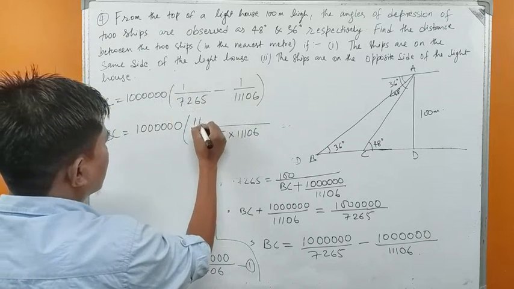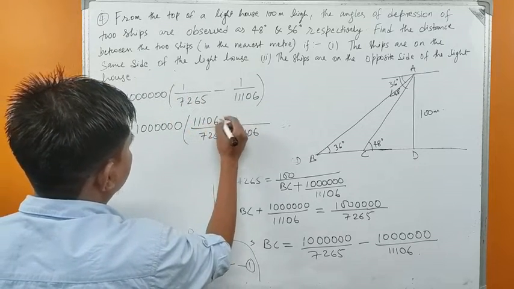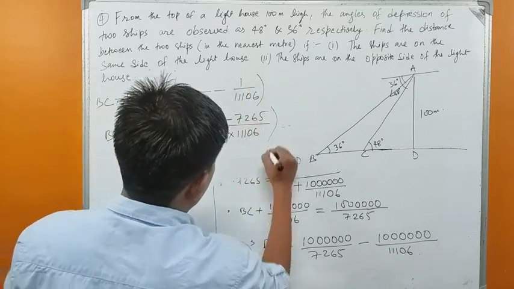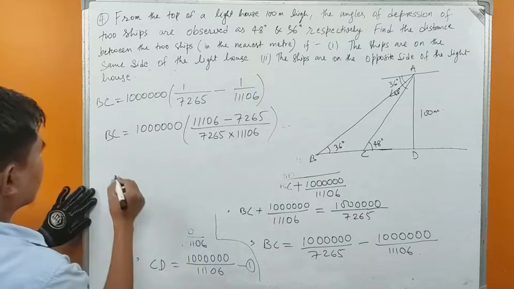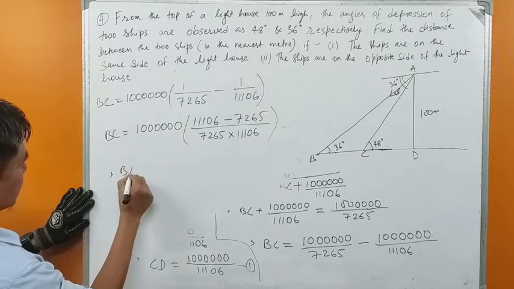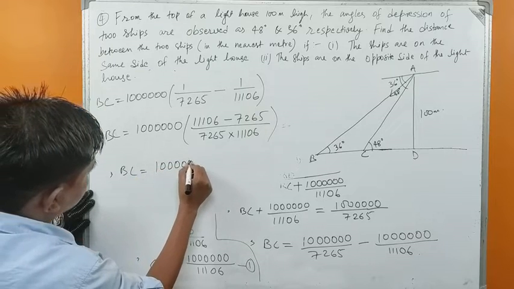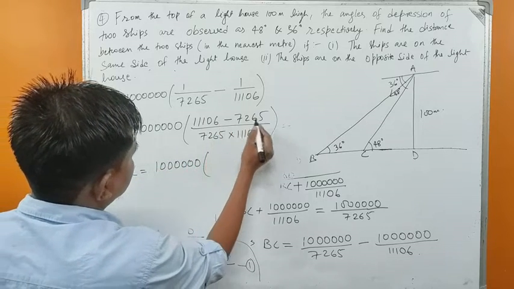So 11106 minus this with this 7265. So BC equals 123456 into 6 minus 5 is 1.